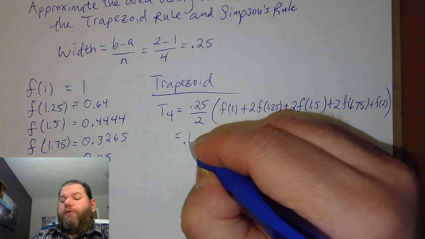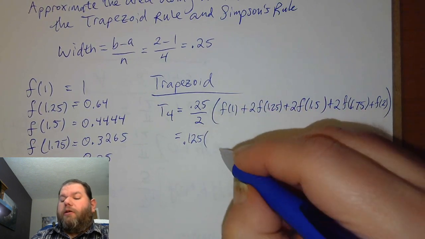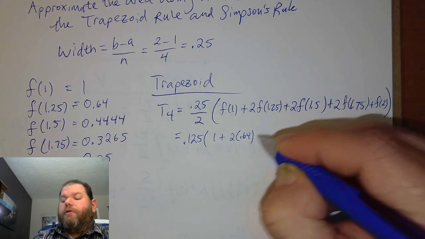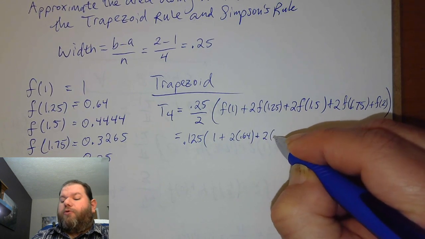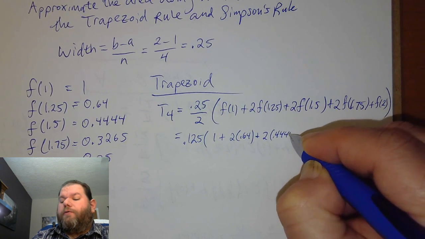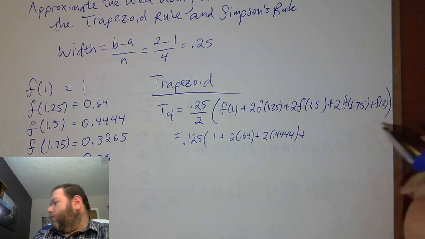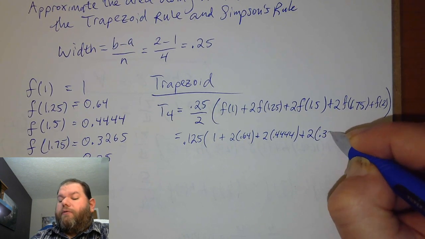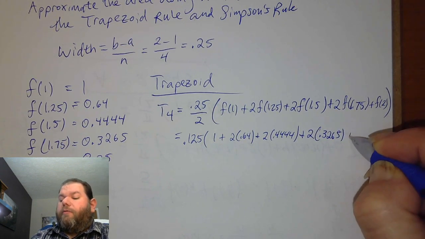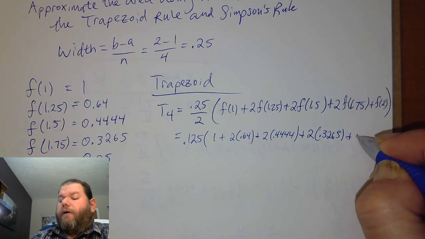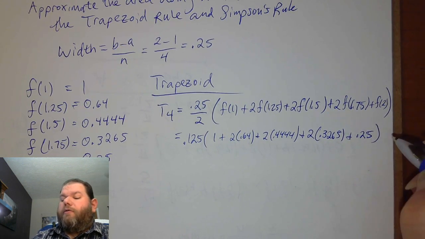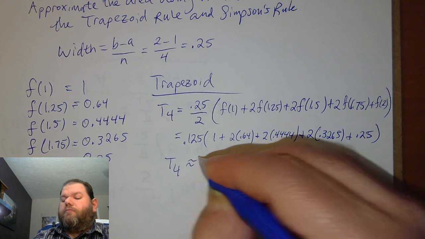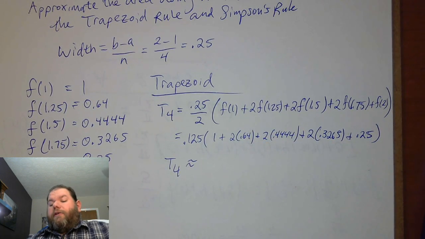So this would be 0.125, and then we get 1 plus 2 times 0.64 plus 2 times 0.4444 plus 2 times 0.3265 plus 0.25. Alright, so let's calculate that out.